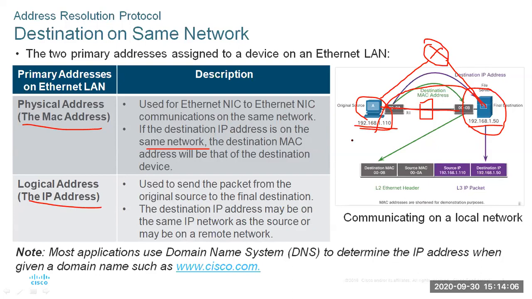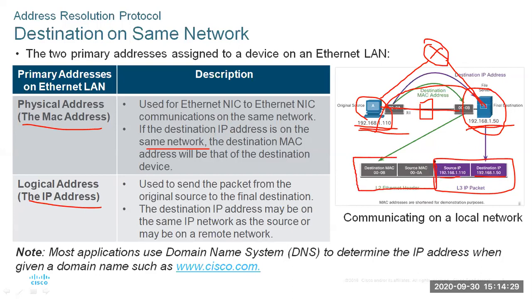So the IP address is like layer 3. Look at it here, layer 3, which is the network layer. We have the source and the destination. The source address is the address of PCA. The destination address is the address of the server. But look at the MAC addresses.